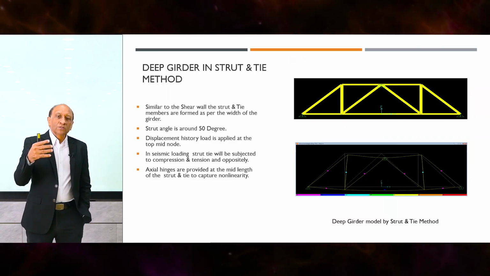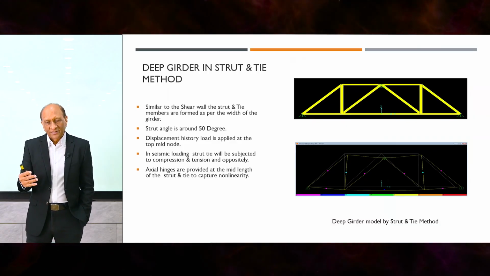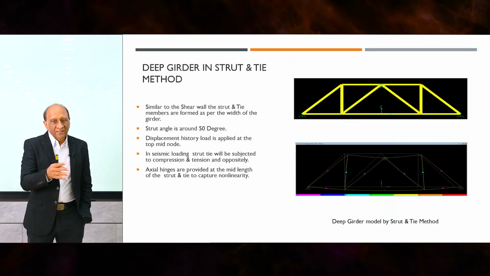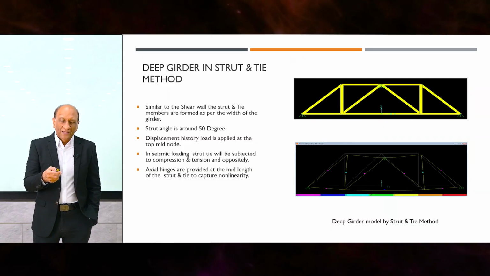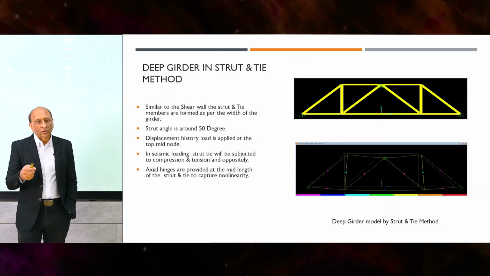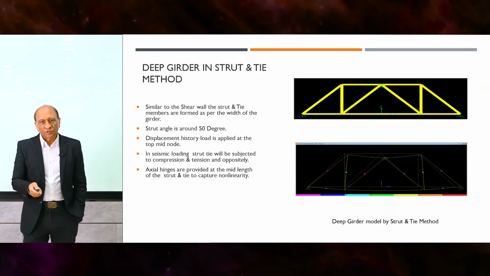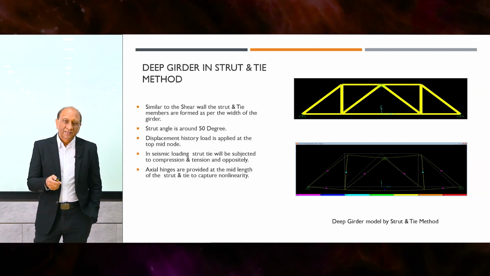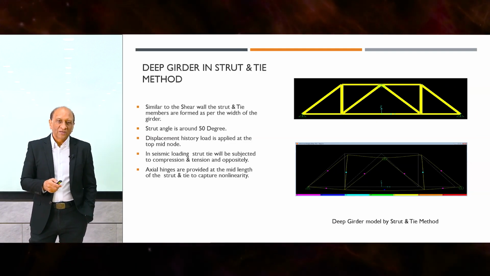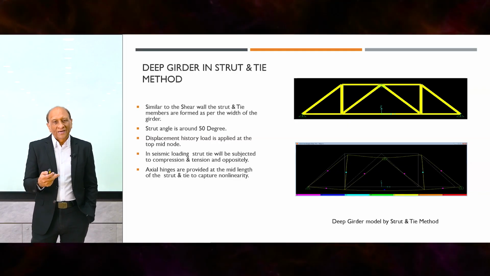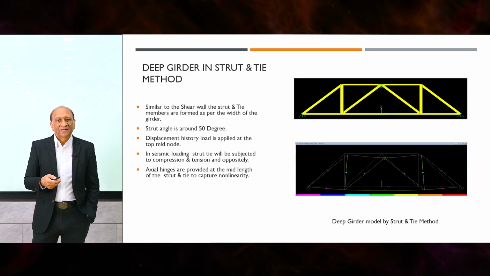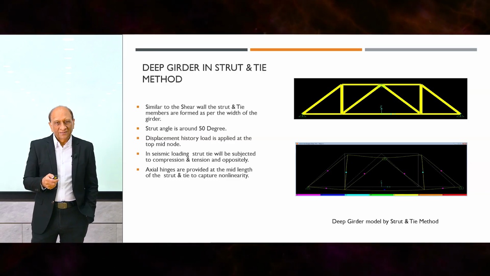But you could also represent it as a strut and tie model, with the struts and ties modeled as nonlinear elements. So once again, the nonlinearity in large structures can be approximated by nonlinear truss elements, which are clearer to visualize than nonlinearity embedded in shell or solid elements.